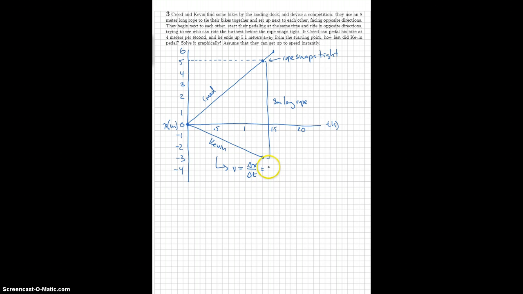So he began at 0 and he ended at negative 2.9. And that took what looks like about 1.3 seconds, which will give us a velocity of negative 2.23 meters per second. So Kevin's speed is about 2.23 meters per second.